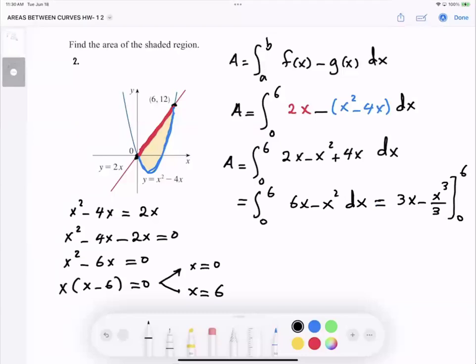Well, plugging in 0 doesn't help us because the term vanishes. What are we going to do? We're just going to plug in 6.